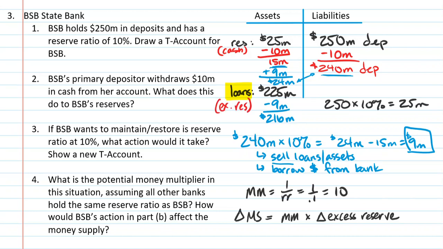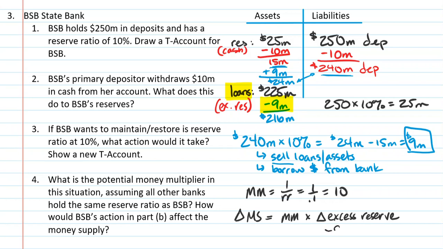They are not actually excess reserves in this moment, but the only reason this bank was able to create loans was because they had excess cash in the first place. So this negative 9 million is really what has happened to their reserves over the course of this problem.